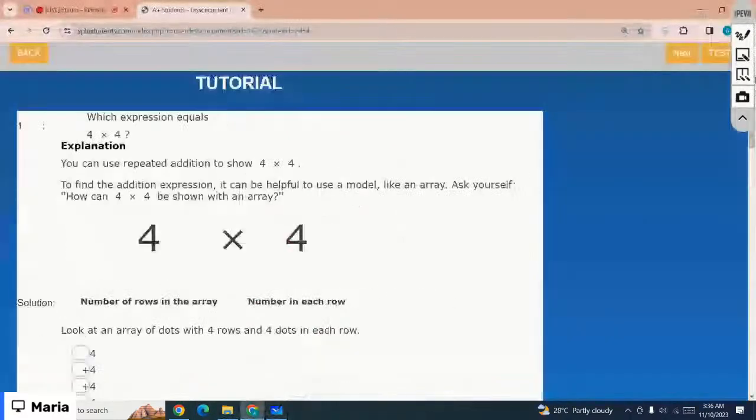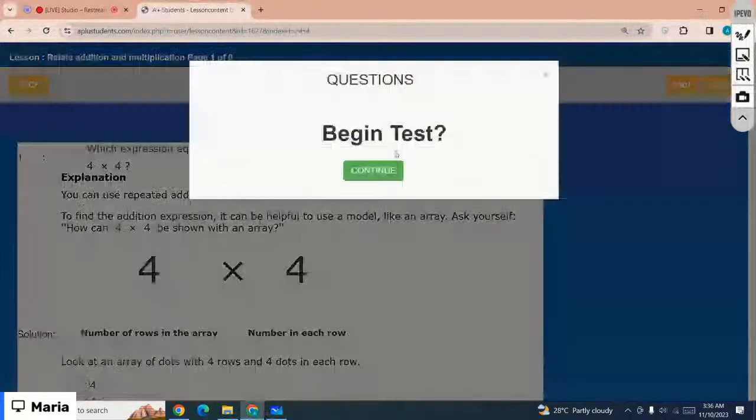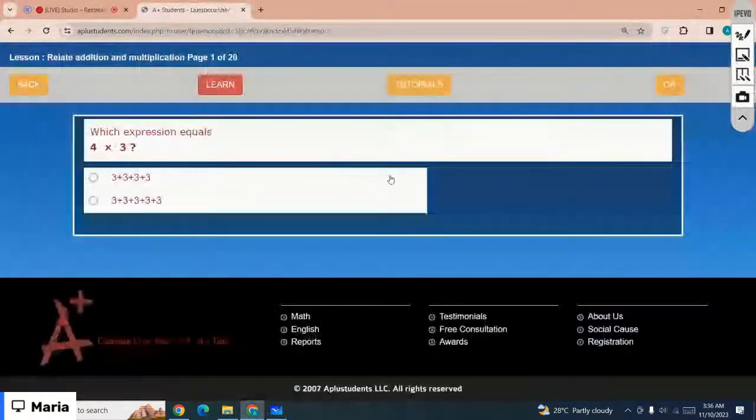Let's just start with the test questions. Okay. Which expression equals 4 times 3? Option 1 or option 2? Which is the correct option?